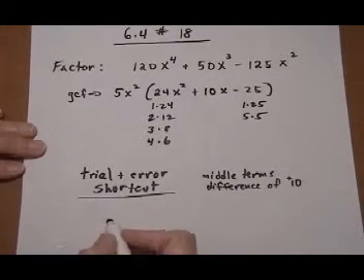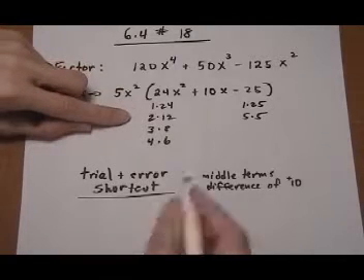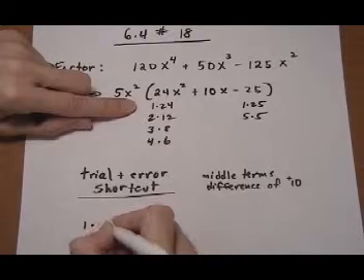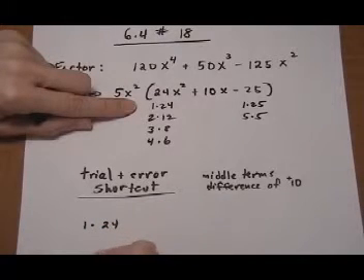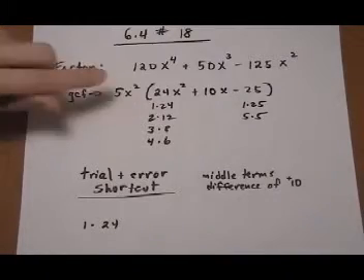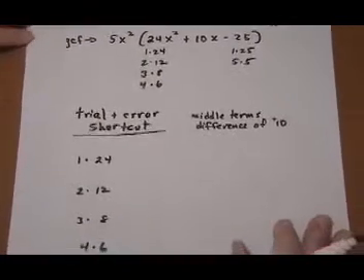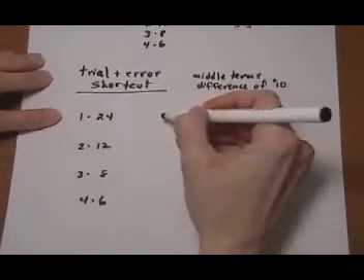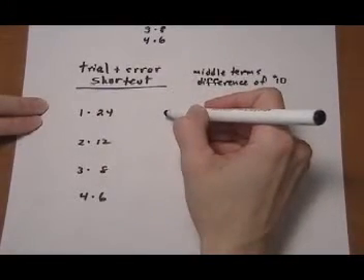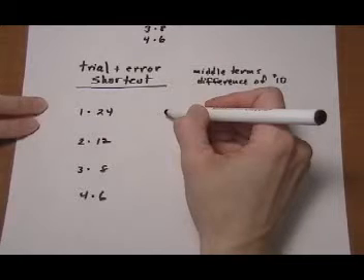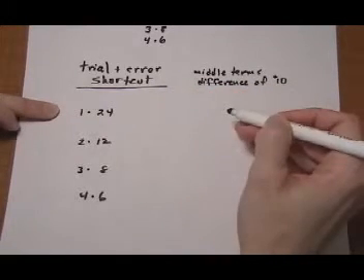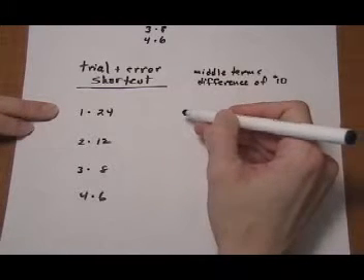And the next thing I do is I look and set it up, and let's take the different factors of the first term. 2 times 12, 3 times 8, 4 times 6. And then I just line up and compare it to the factors of 25, because once they're in the binomial, the factors of 24 are going to be multiplying onto the factors of 25.